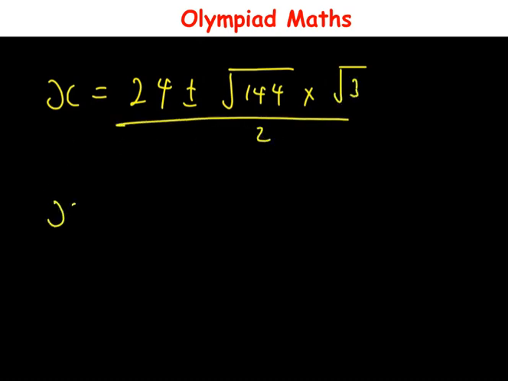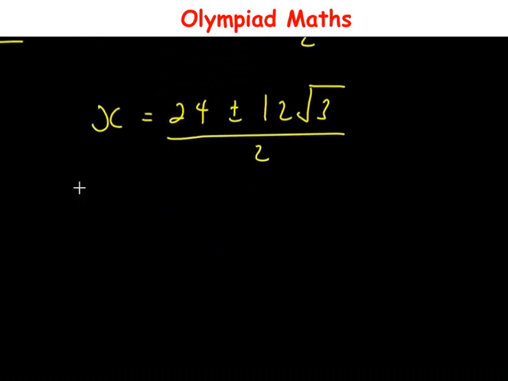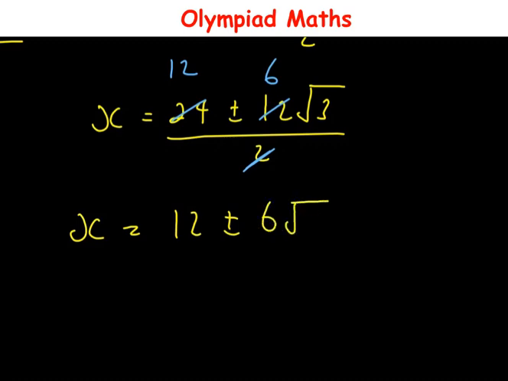So with this, x is equal to 24 plus or minus root 144, which is 12, times root 3, all over 2. With this, from here, we divide 24 by 2, we have 12. We also divide 12 by 2, we have 6. So therefore, the value of x is equal to 12 plus or minus 6 times root 3.